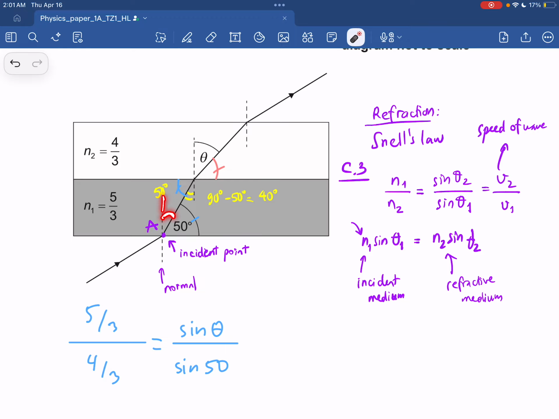Again here, this is the refracted ray after it goes through the first medium. So theta 2 is defined as the angle between the normal line and that ray. This is theta 2, and this is theta 1 at incident point A. But when you reach another incident point B here, the normal line is this one, right?